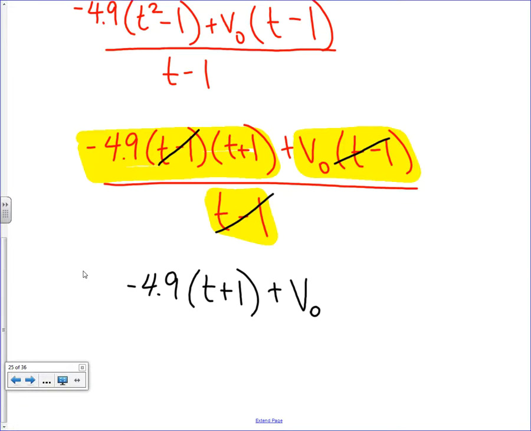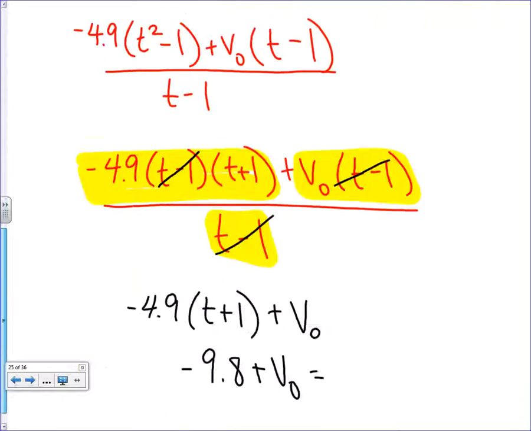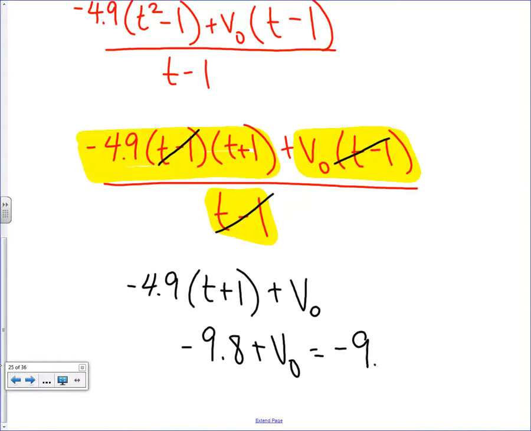So now am I able to plug in that 1? You betcha. You put a 1 in there. What's 1 plus 1? 2. What's 2 times negative 4.9? What did I know my velocity was after 1 second? Negative 9.8.